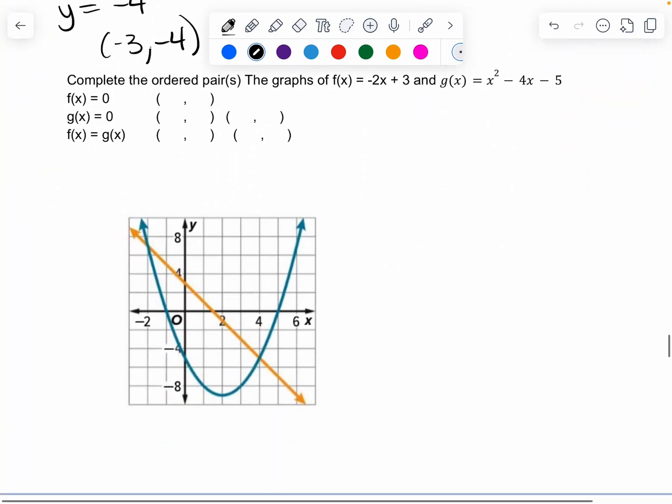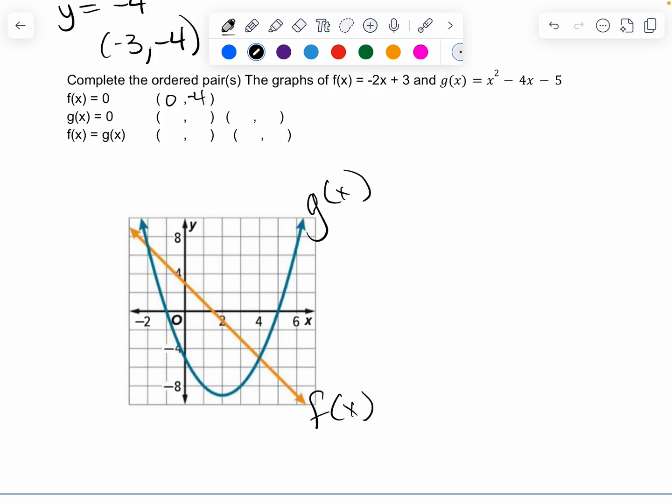So where do these run into each other? So this is my f of x. This is my g of x. When x is 0, I get 3, because this is 2, this is 4, halfway in between.